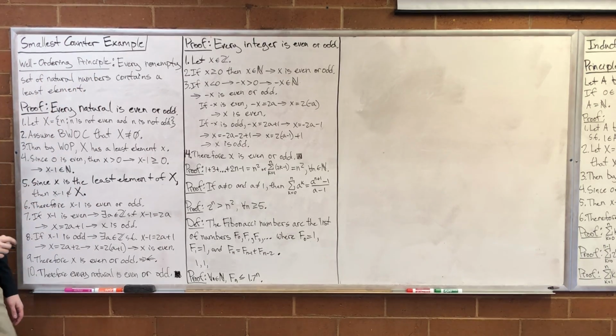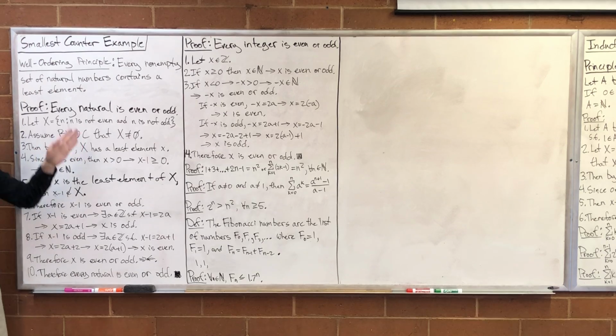Is it true that every subset of integers has a least element? No. Is it true that every subset of rationals has a least element? No. Is this making sense, or is someone confused? You with me? Okay. So when you do proofs that use the well-ordering principle, you have to be talking about the natural numbers. That's what the well-ordering principle applies to, just naturals.